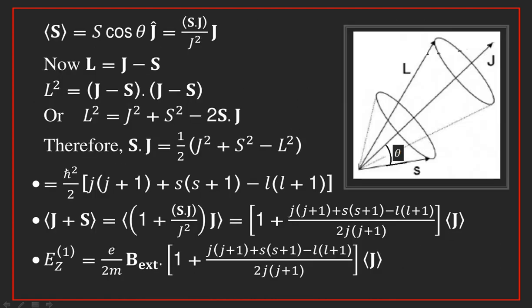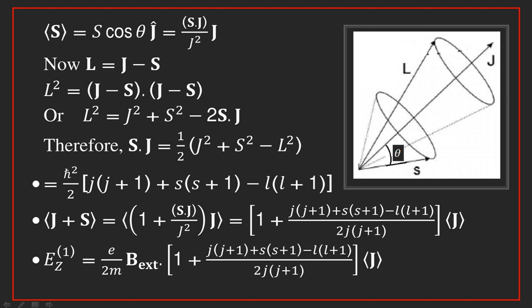So the expectation value of J plus S is equal to S dot J by J square times J. If we take J outside, we get the expectation value of 1 plus S dot J by J square, into J. Putting in S dot J, and the expectation value of J square, which is J into J plus 1 h cross square, the h cross square cancels.